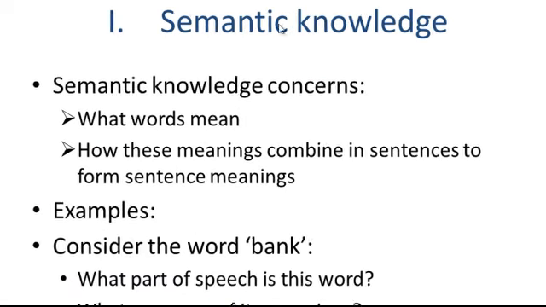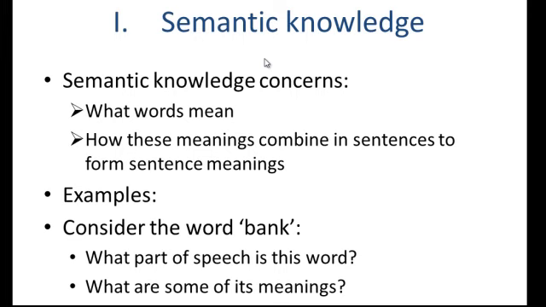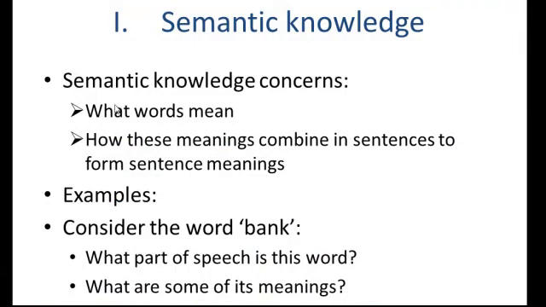So let's see how semantic knowledge may help someone to arrive at the meaning of a word, or of a sentence, and even of a whole section, a whole paragraph. Semantic knowledge concerns what words mean, and how these meanings combine in sentences to form sentence meanings.